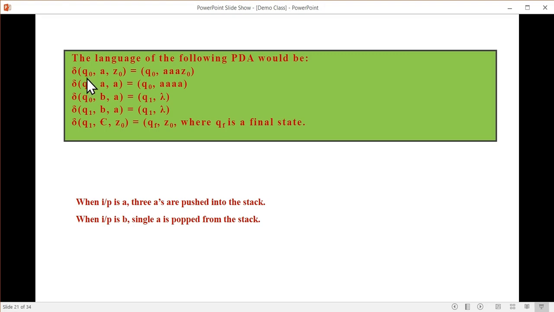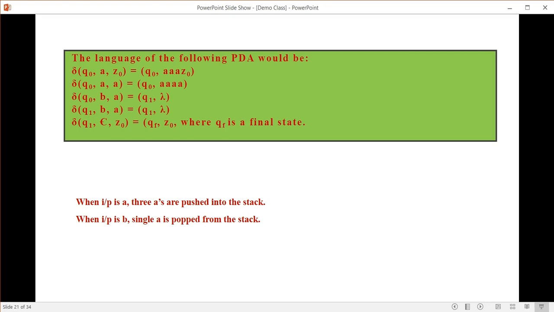Here the current state is Q naught, and the output state is also Q naught. Then the input is A and the top of the stack is Z naught.